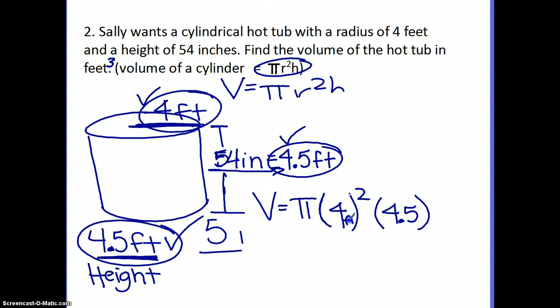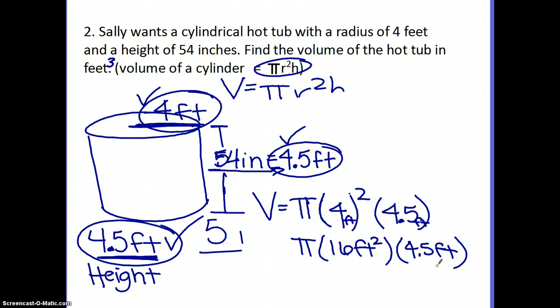And I could put feet in there, okay? So following order of operations, we would take the 4 and we would square it. So we've got pi times 16 feet times feet, which would be feet squared, and then times 4.5 feet.